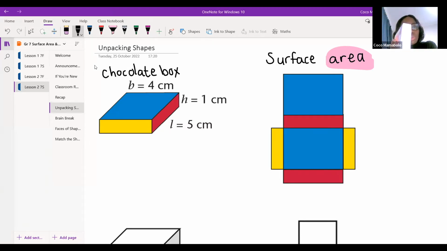And what I can do is I can calculate the area of this part over here, and then the area of this part over here. And I can flip it again, calculate the area of this part, flip it again, calculate the area of this part, and then calculate, I forgot which part I missed. I think I missed the back part there. Okay, so I'm gonna calculate the area of all the parts put together.